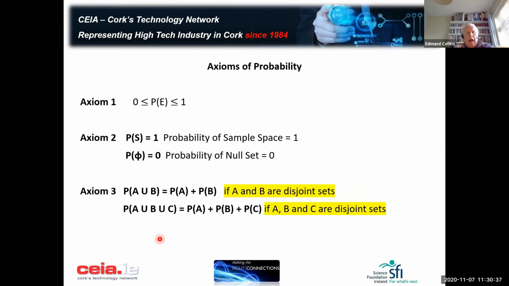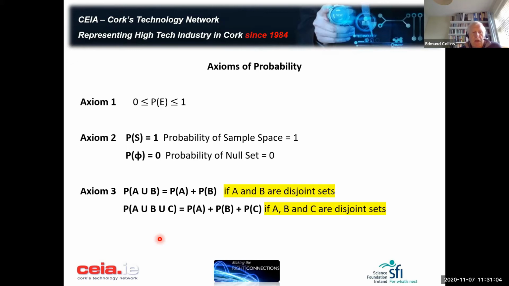Now, axioms of probability. Well, our friend here is again: the probability of an event must be greater than or equal to 0 and less than or equal to 1. That's one you should be quite familiar with by now. That's the first axiom. The second axiom: the probability of the sample space is 1.